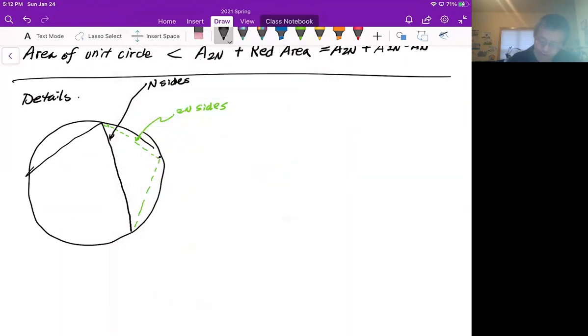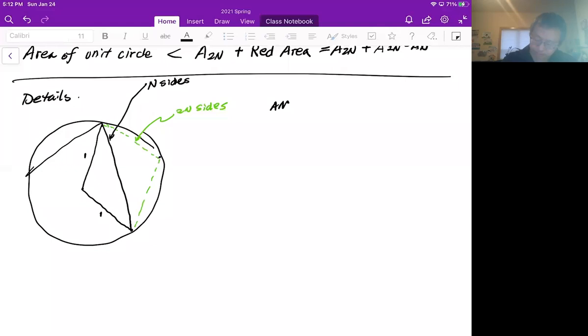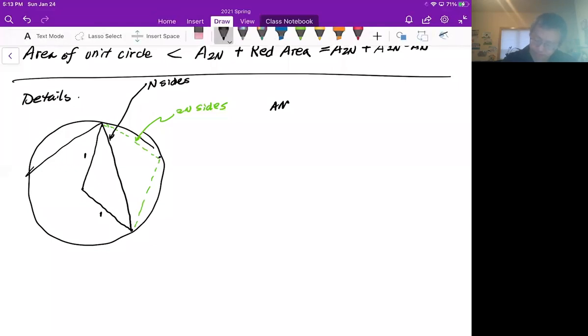Okay, so this is the center here, right? And I'm going to go from here and from here. So basically this is 1 because it's a unit circle. And let's assume that here is my A, here's my B, and AB is equal to M. M is given.